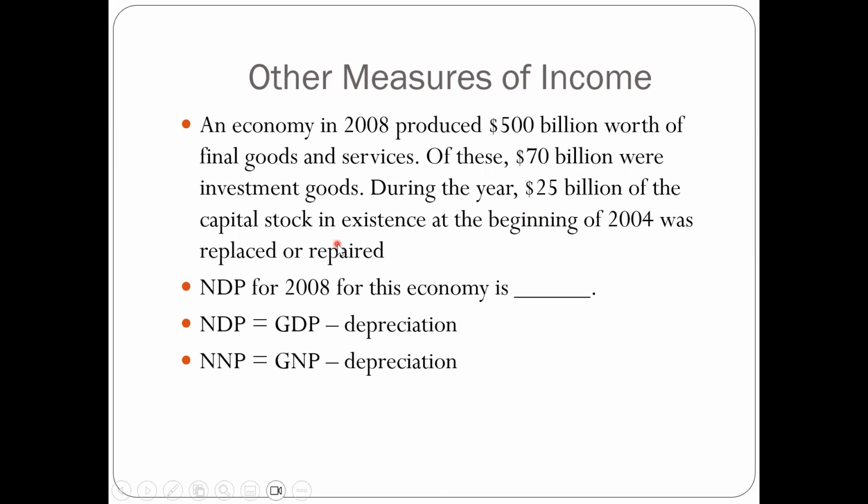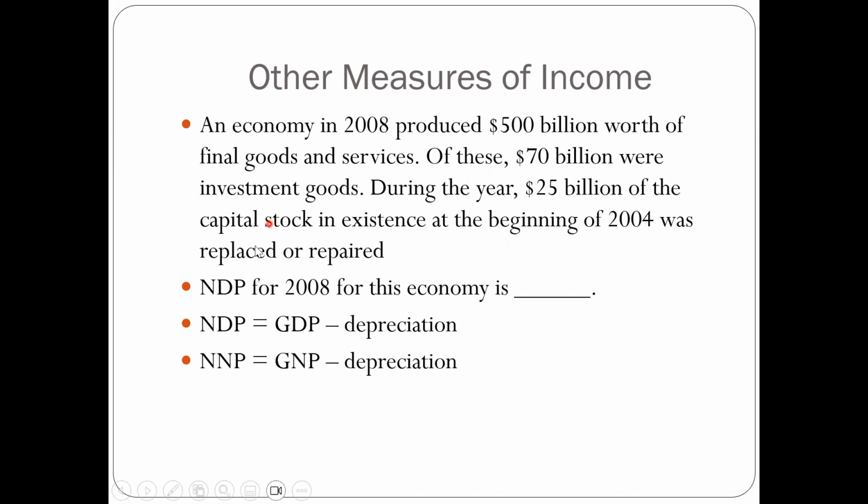So, in order to get the net domestic product, here we have gross domestic product of 500 billion. We have 70 of them investment goods. We have 25 billion of capital stock in existence at the beginning of the next year.